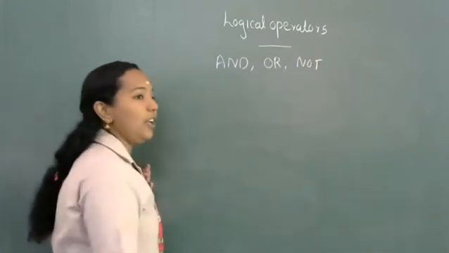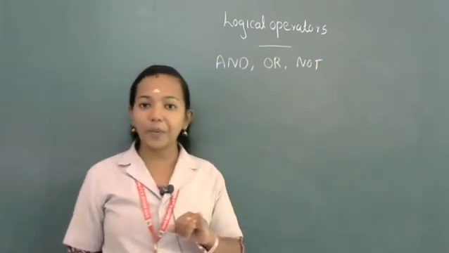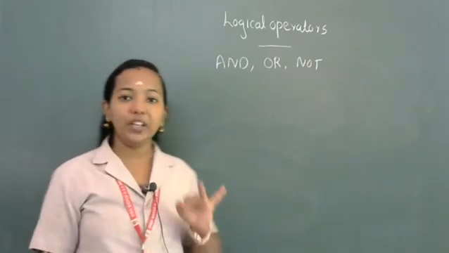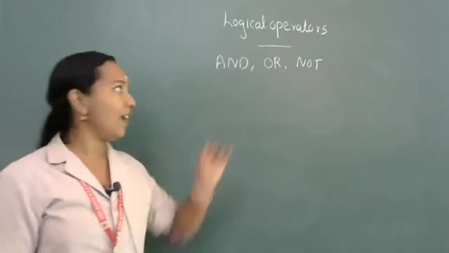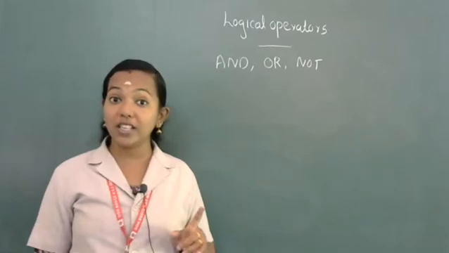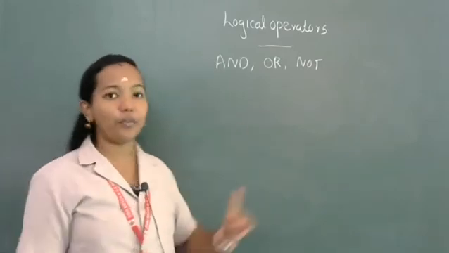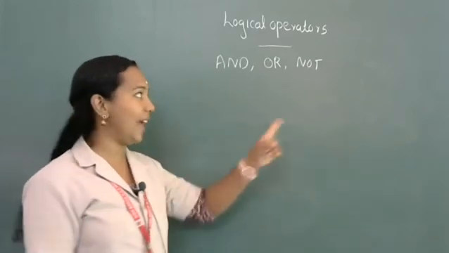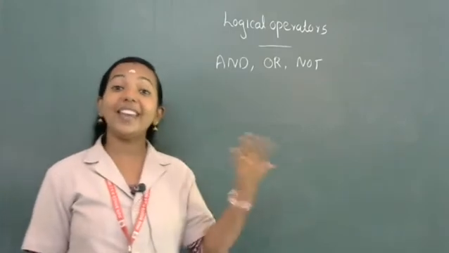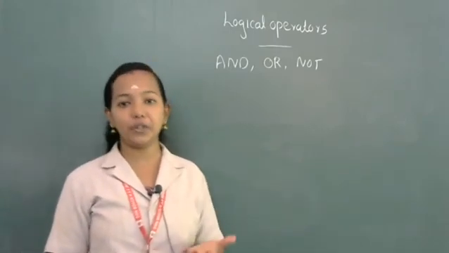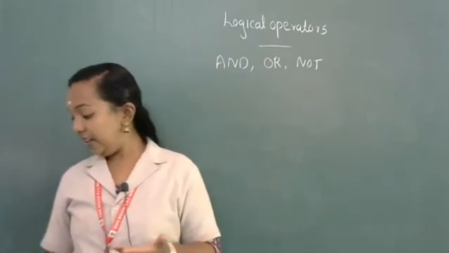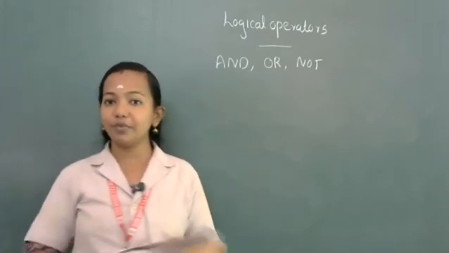Which are the three logical operators? AND operation, OR operation, NOT operation. AND is for logical multiplication, OR for logical addition, and NOT for logical negation, to find the complement of a value. Then here I am going to give some questions.